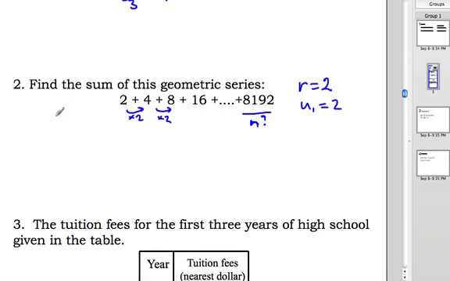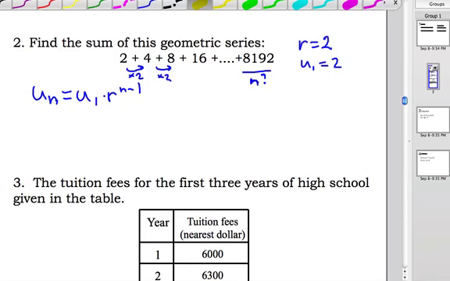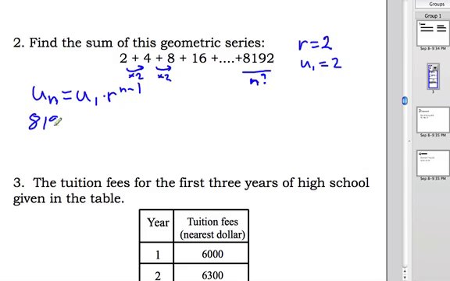Well, we can use our formula for the nth term of a geometric sequence. So that's u sub n equals u sub 1 times r to the power of n minus 1. Okay, so if we look at the last term in the series, we have 8192, and that should be equal to 2 times 2 to the power of n minus 1.